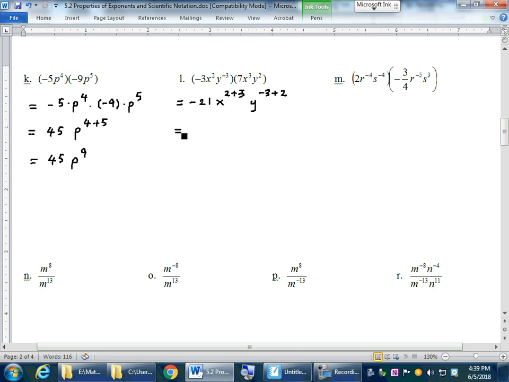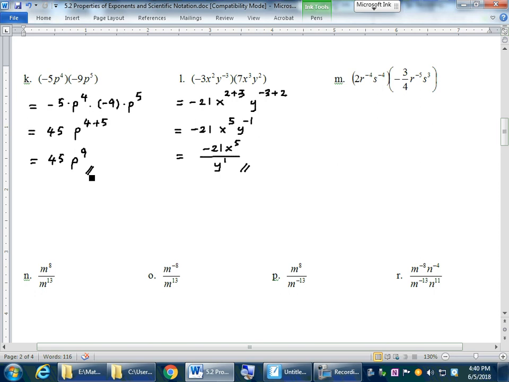So finally, my answer will be negative 21 x to the 5th power y to the negative 1 power, which we need to write with only positive exponents. So that will become, using property number 7, bringing y to the 1st power down to the denominator to make it a positive exponent, and this will be the final answer.